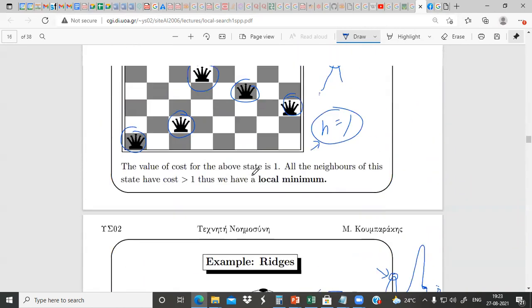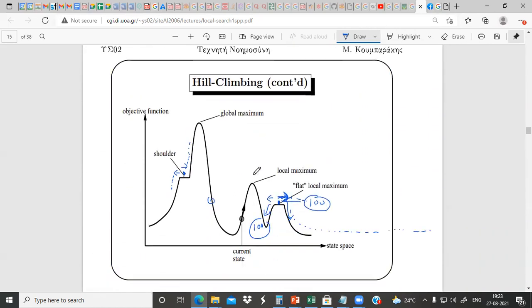Sometimes the algorithm gets to the point where L is equal to 1 for the 8 queen problem. Now we cannot improve further, but in this 8 queen problem, we want the final global maximum. We want a solution with L is equal to 0, where no queens are under attack. So here also this moving sideways is applicable, right?